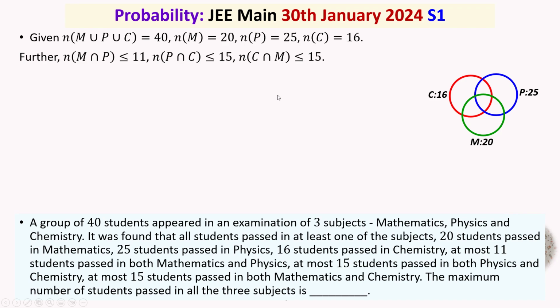And now what is to be found? The maximum of n of M intersection P intersection C is required.